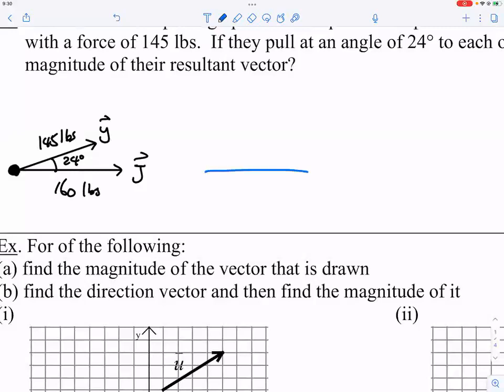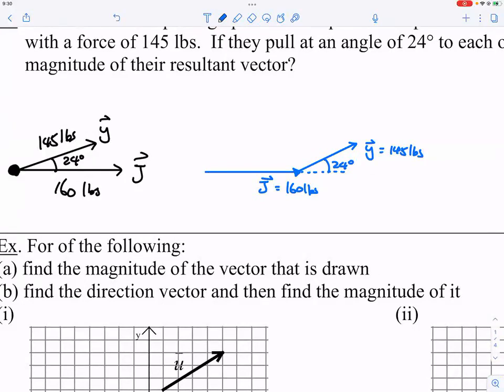So we're going to draw another diagram to show how these vectors are connected together. So this is the vector Y, which is 145 pounds. Let's draw the picture here first.